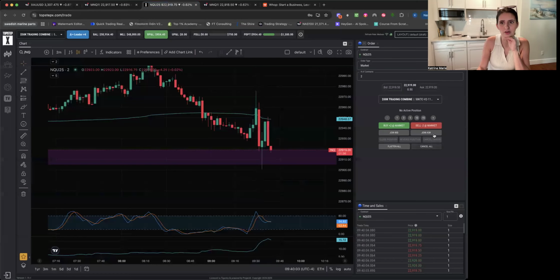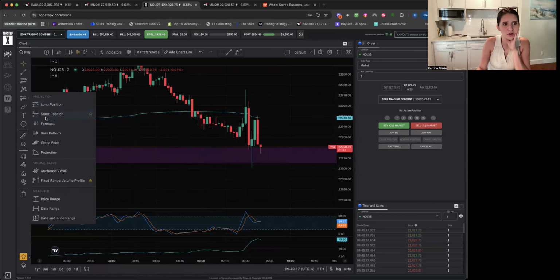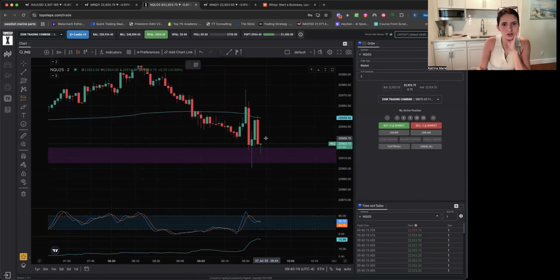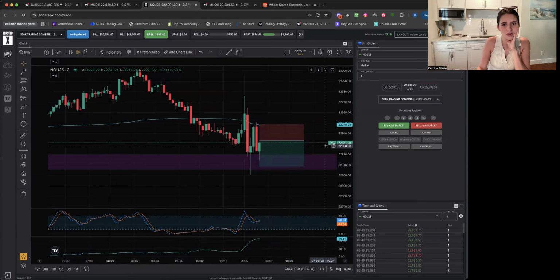Oh my. So, I want to see a pullback first. I want to see a wick on the other side before I get in. I'm thinking a short position right here to here. And order filled.